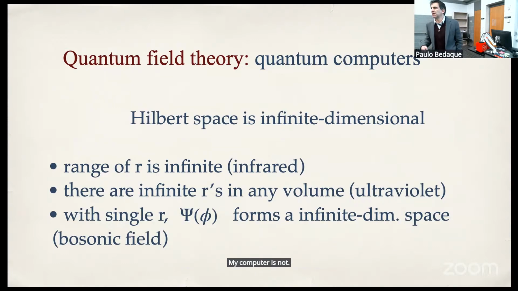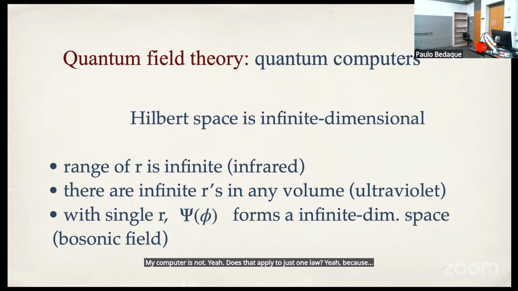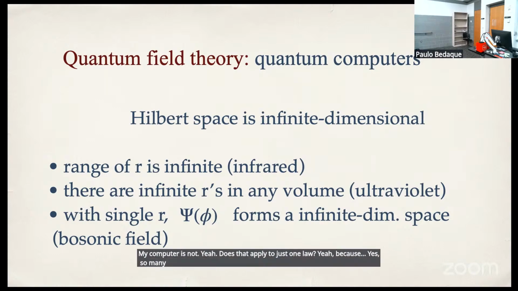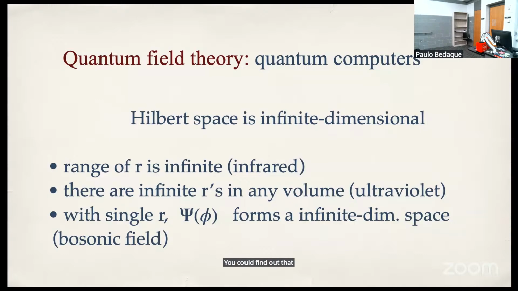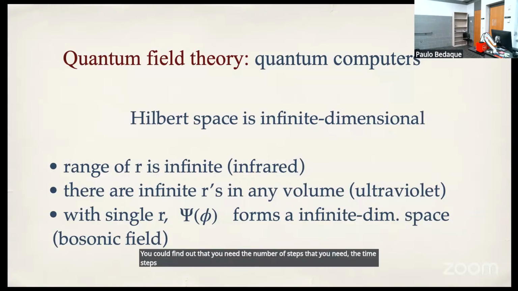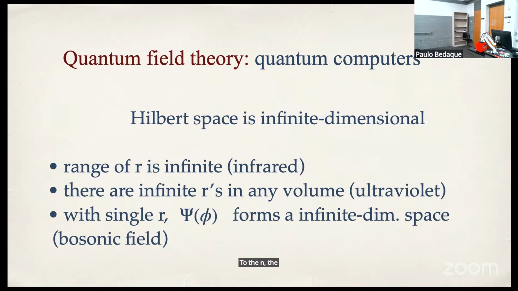That V to the power n polynomial, does that apply to just one block? Yeah, so say you have 1,000 steps. It's a fixed number. V to the n is the number of gates, not the repeats.